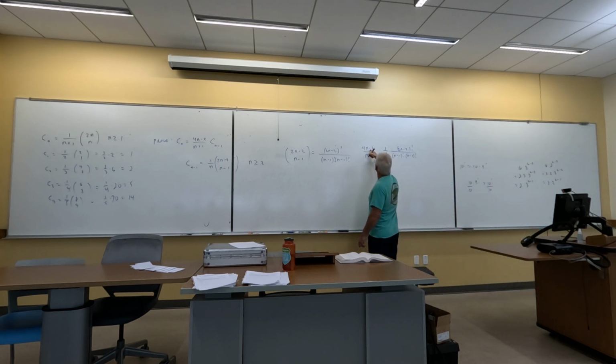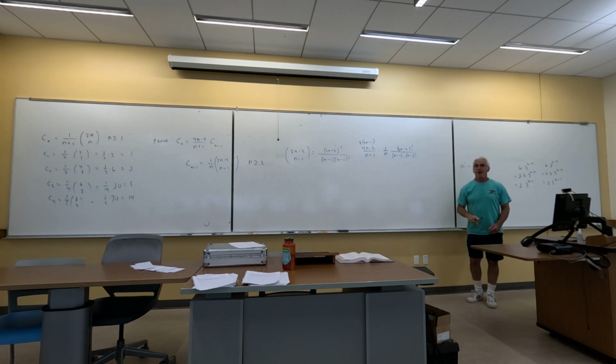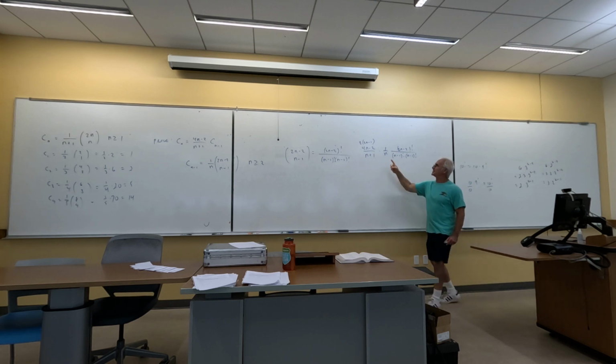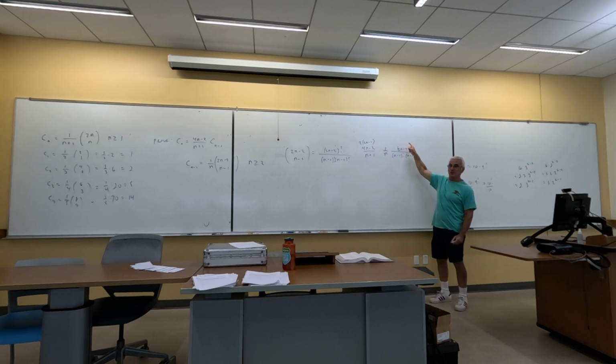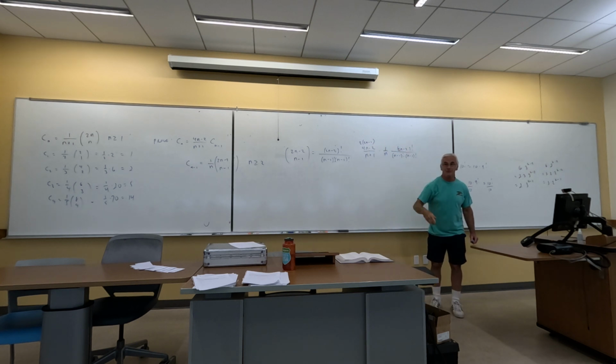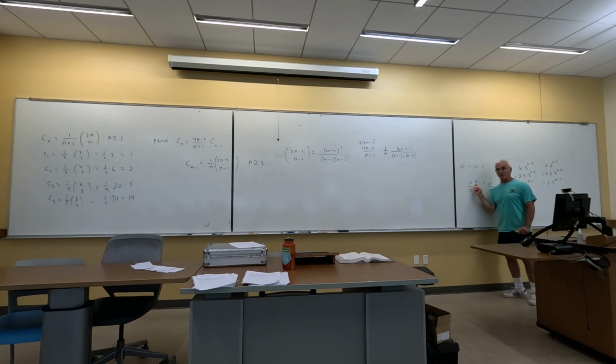4n minus 2. Can I think of that as 2 times 2n minus 1? Would that be correct mathematically? And if I take a 2n minus 1 and I multiply it by 2n minus 2 factorial, aren't I multiplying it by the next integer? In the same way, if I took 9 factorial and I multiplied it by 10, I would get 10 factorial.